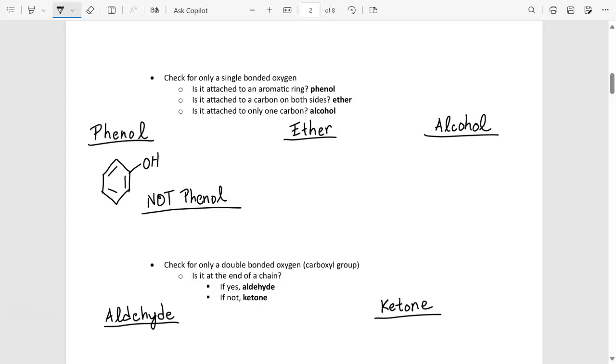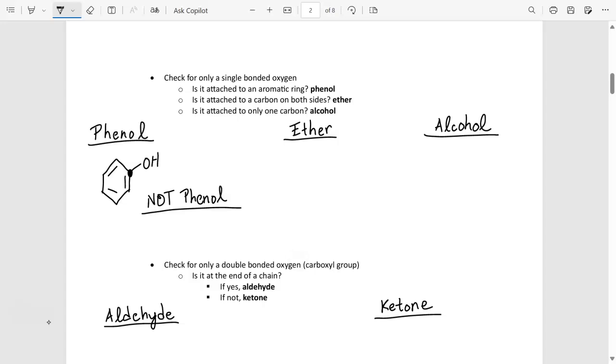So let's start with carbon that is single bonded to an oxygen. So if you see a single bonded oxygen, you have 3 options. It could be a phenyl. And so a phenyl is where we have the aromatic ring with an OH group that is directly attached to that ring.